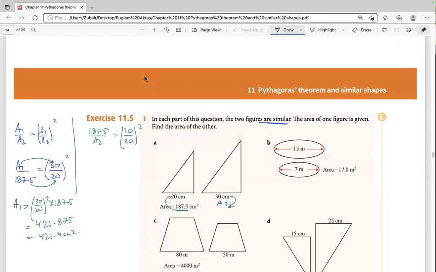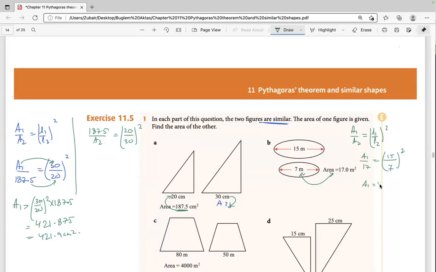78.06. 78.06, that's right. So all we have to do is be careful that we write the corresponding sides in front of each other. Area by area equals length by length. So the area of the first one is unknown, the area of the second is 17. But whatever we choose, first or second, I know 17 is corresponding to 7, and the unknown is corresponding to 15, and the length needs to be squared.